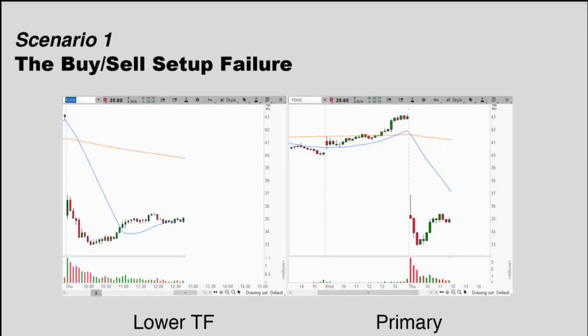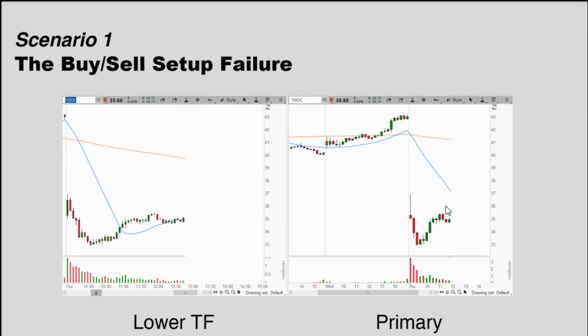And here's one more. This is T-Doc off the 15-minute sell setup. Didn't have time frame alignment. Now this is a secondary entry here. So we did let that first buy setup on the lower time frame trigger, making it print that green bar on the primary time frame.